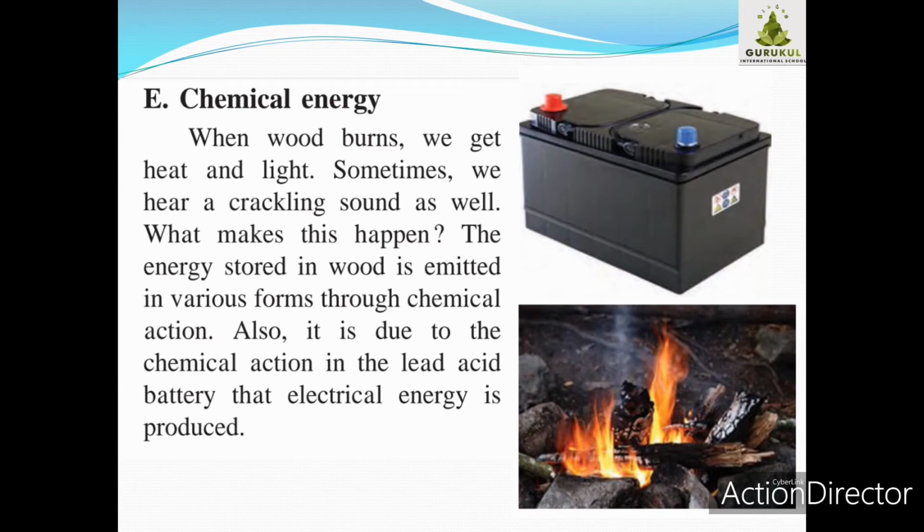Now, why does it happen? We hear crackling sound as well. What makes this happen? The energy which is stored in the wood, or in case of grass, is emitted in various forms through chemical actions. Also, it is due to the chemical actions in the lead acid battery that electrical energy is produced.